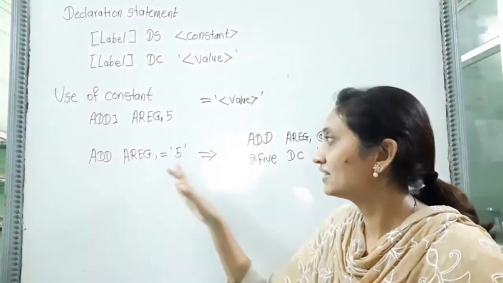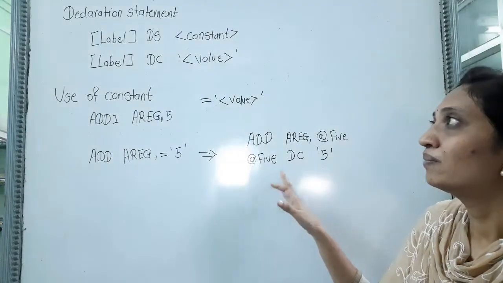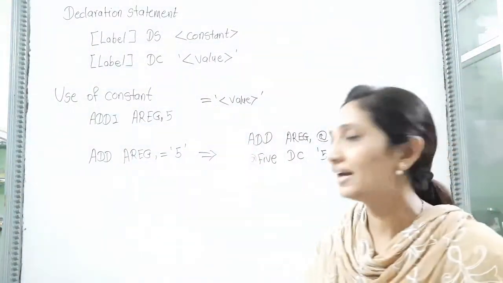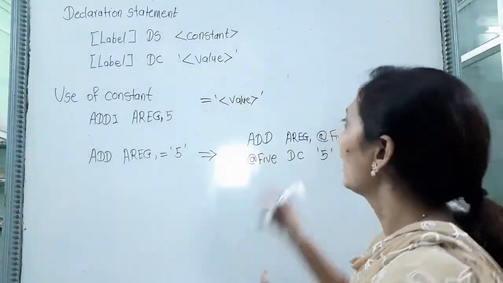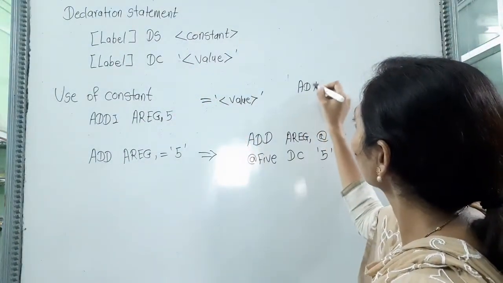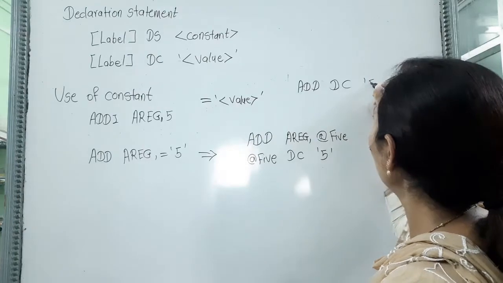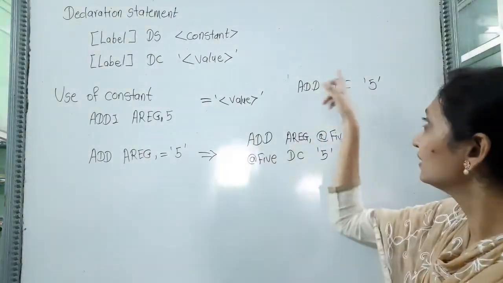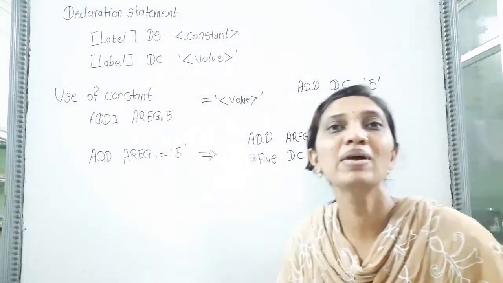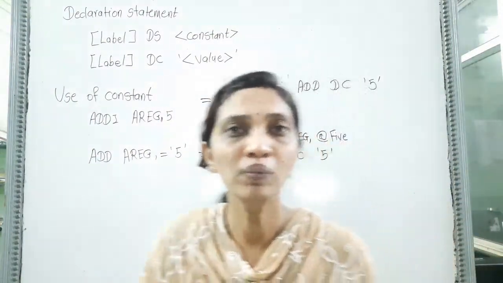Means it is the same as this one. But if we are directly using a constant this way, suppose ADD ARG comma @5 and @5 DC 5, there is a possibility to change this value because this memory address is known to the programmer.